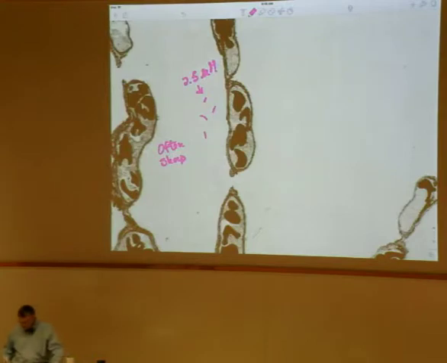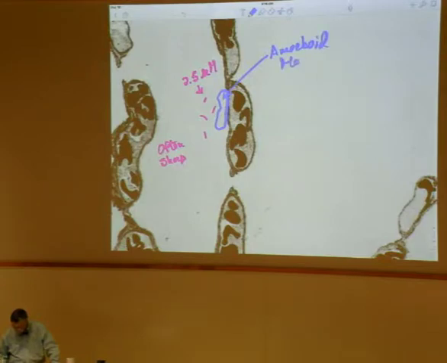So in your lungs, where you get these particles, you have wandering macrophages. Those macrophages will engulf particles.